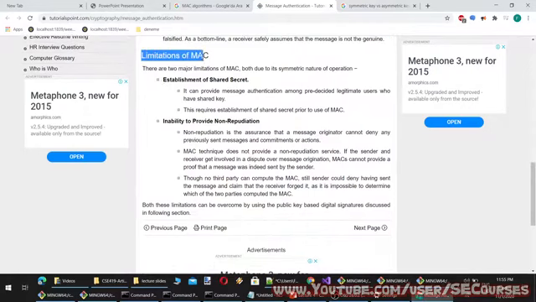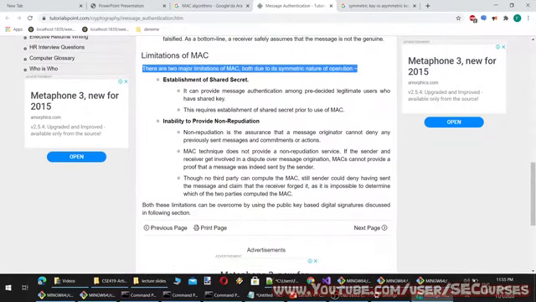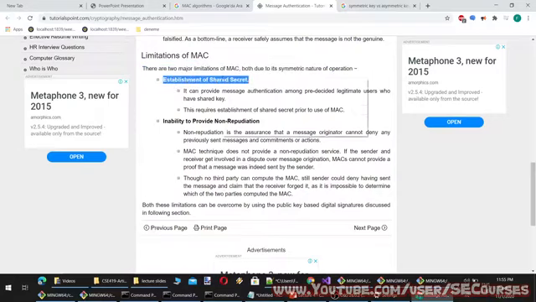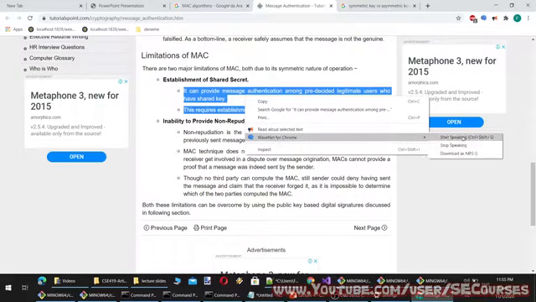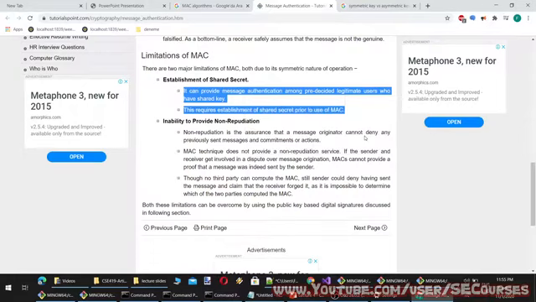Okay, so there are some limitations of MAC. Let's read them. There are two major limitations of MAC, both due to its symmetric nature of operation. Establishment of shared secret. It can provide message authentication among pre-decided legitimate users who have a shared key. This requires establishment of the shared secret prior to use of MAC.